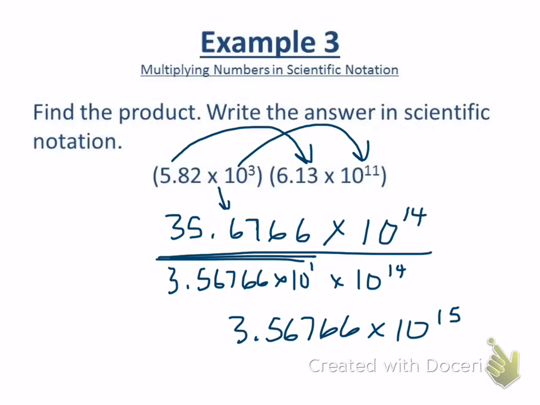Now, do you have to show this step? No, you really don't. You need to know that you're moving it one place, and that's a positive change, because the number is big. So that gives you a positive exponent that joins this up, and 1 and 14 become 15.